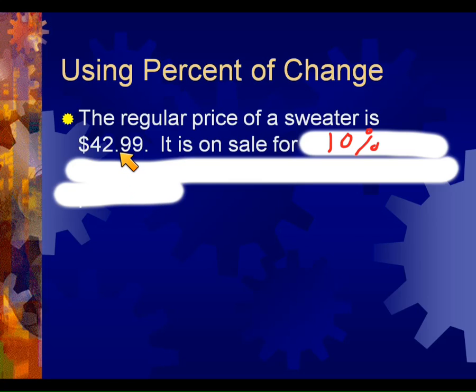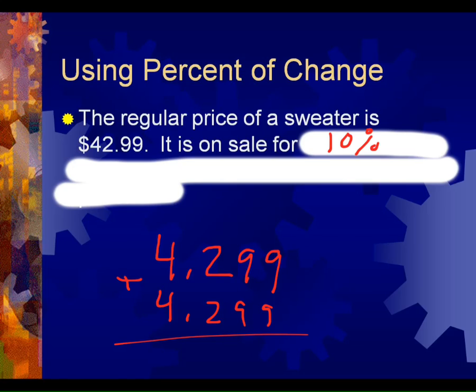What do you do with the decimal? Anybody remember that? Yeah, Chase? You move it one space to the left. Yeah, you move it one space to the left whenever you do 10%. So that means 10% of that is 4.299. So that means 20% would be double this, right? It would be 4.299 plus 4.299. I'd add those together. 30% would be 3 times that, right?